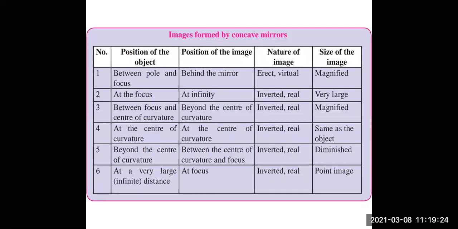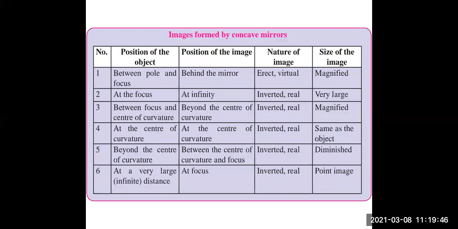So from this whole table formulation, you can see that when you walk from the center of curvature towards the mirror, between the center of curvature and focus, you get a magnified image.